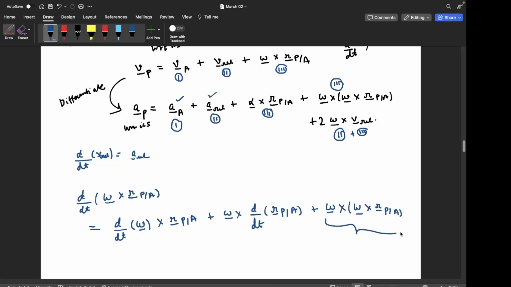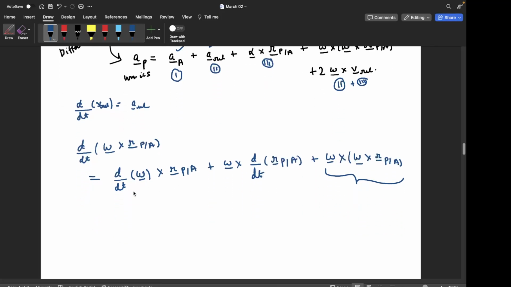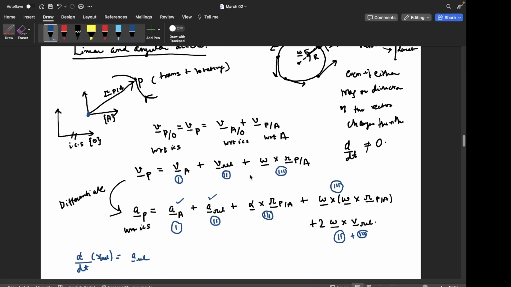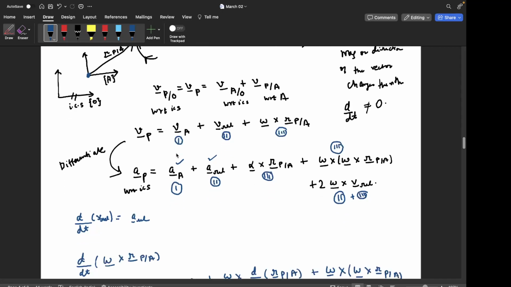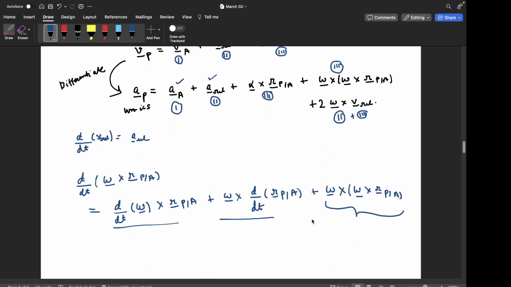So why does this term come in? You would expect just these two terms, right? Because this is how you apply the chain rule. But the extra thing here is that this frame A is rotating. So we are taking differentiation of a quantity not in a fixed frame but in a rotating frame.